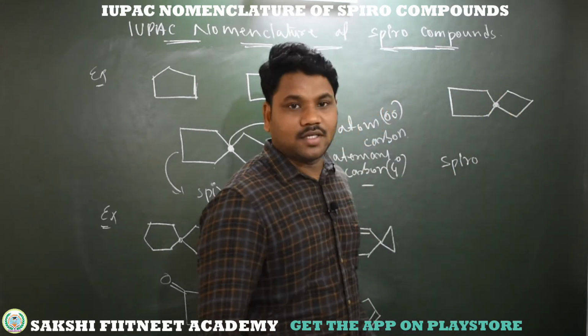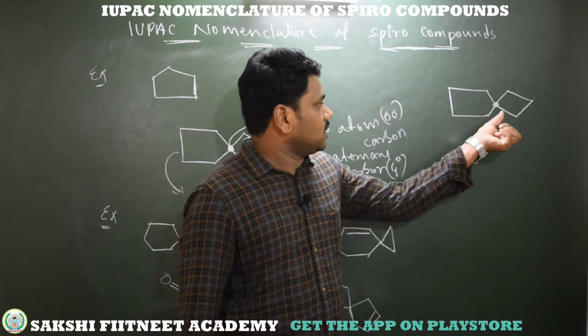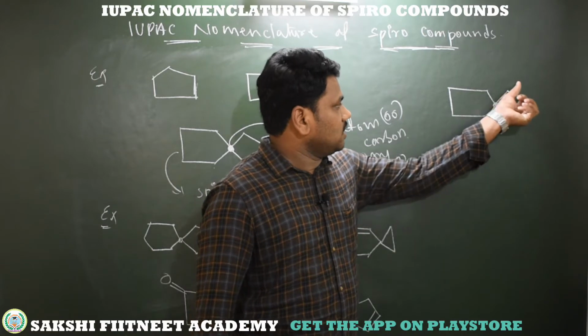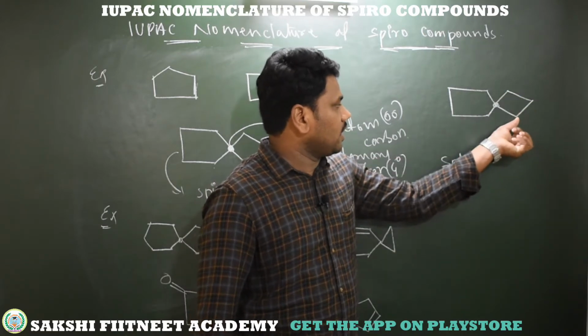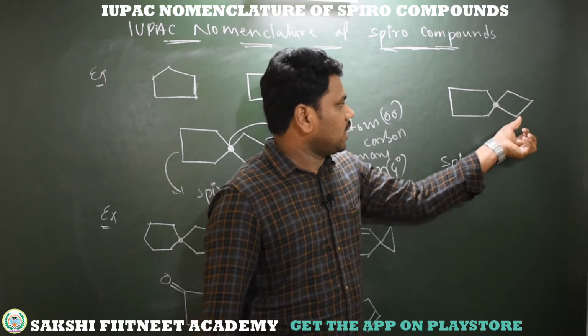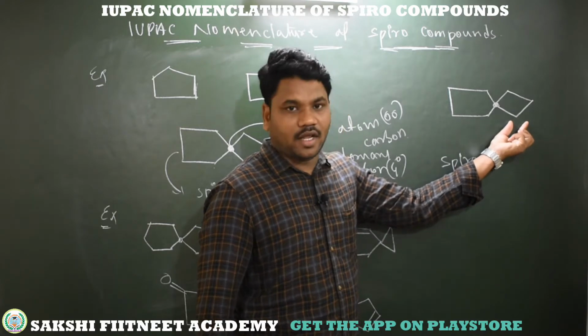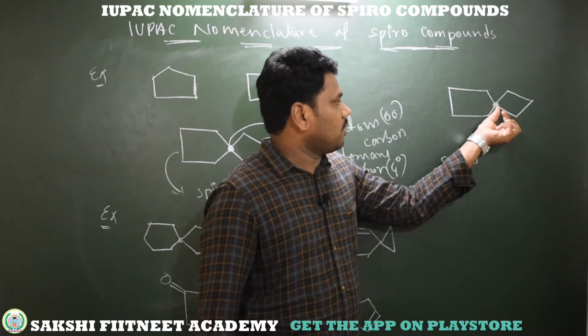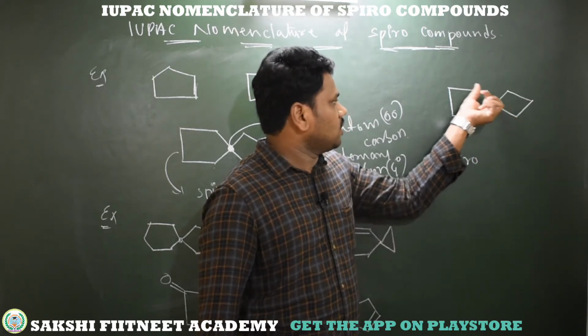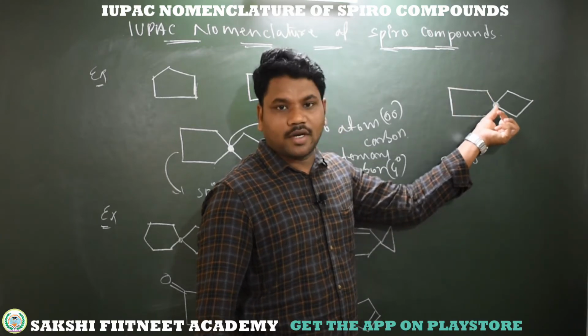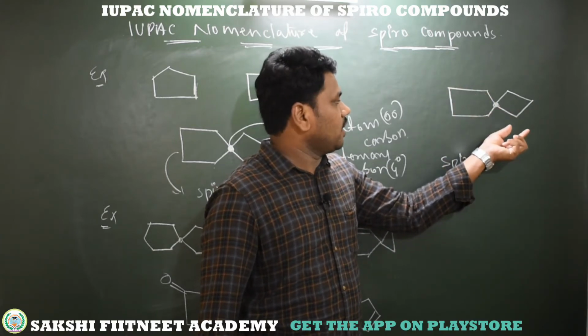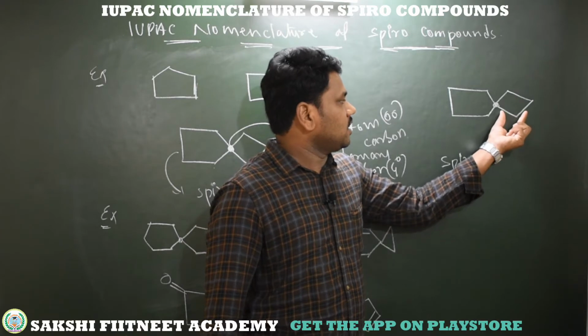total we have 8 carbons. So here is a common carbon 1. In this ring, 1, 2, 3 carbons are present without this common carbon, and in this ring we have 1, 2, 3, 4 without this common carbon. You just calculate the number of carbons other than the common carbon.